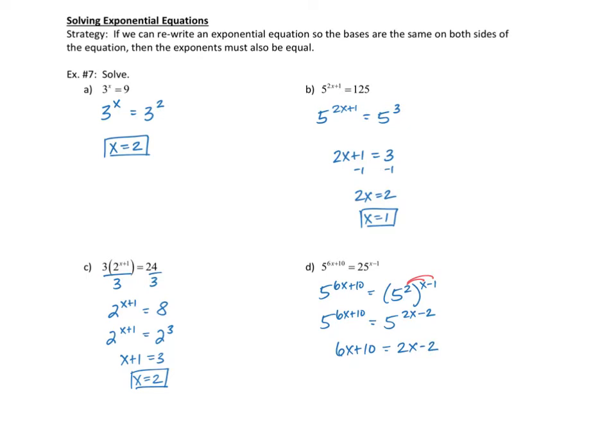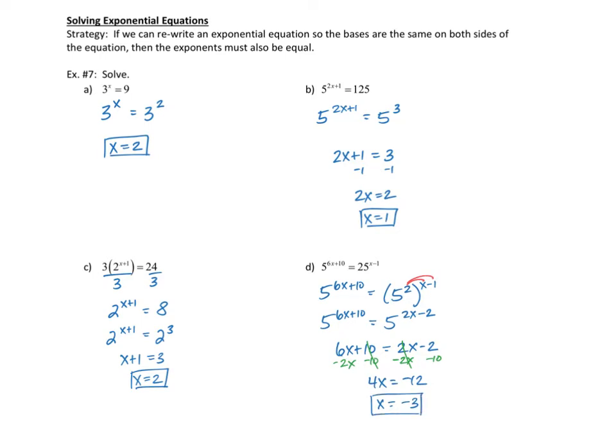So solving for x, we can subtract 2x on both sides. I'm going to go ahead and subtract 10 at the same time. So 6x minus 2x, we have 4x, negative 2 take away 10, we have negative 12, so dividing, x is equal to negative 3.